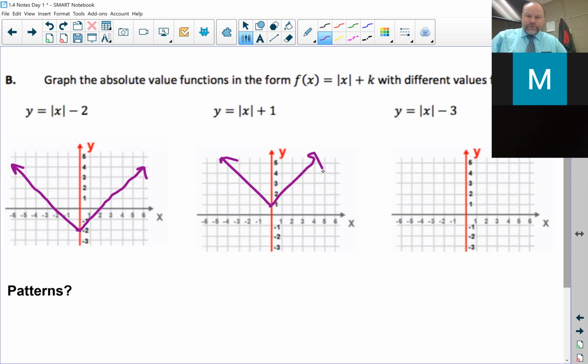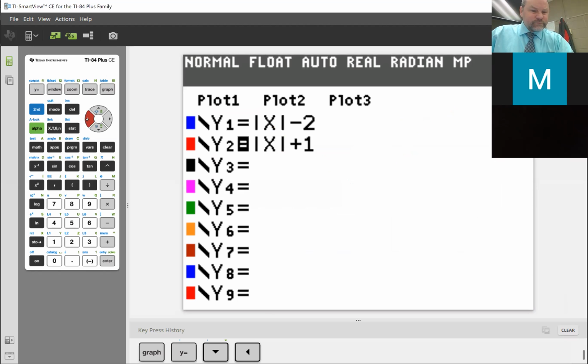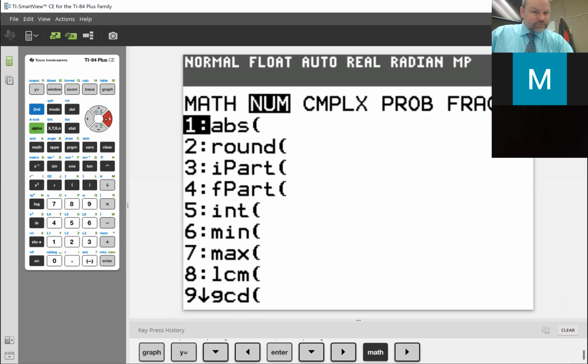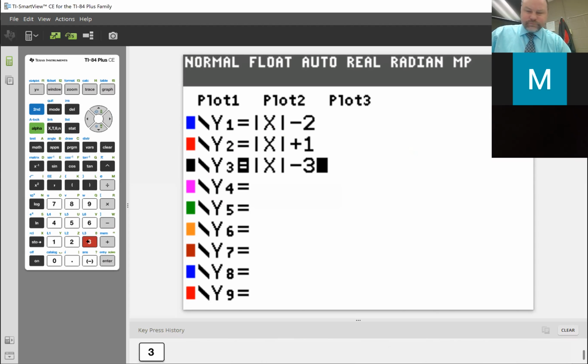All right. And then we're going to do absolute value of x minus 3. So as I'm graphing that on the calculator, I want you to make a guess. What do you think is going to happen? Anyone think they know?